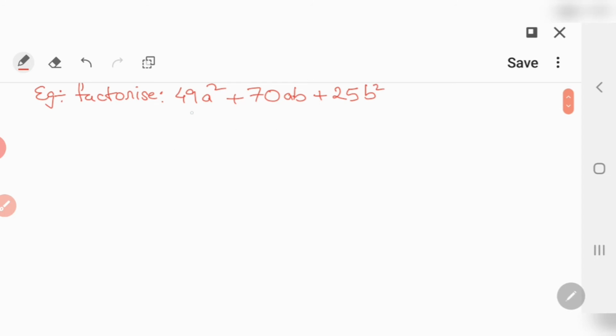Got it, na? 49a square plus 70ab plus 25b square. So this you have to factorize. Now how to solve this type of sums? Let's see.